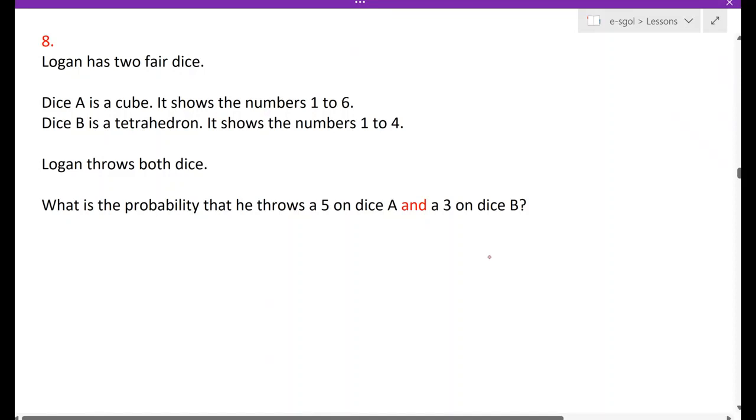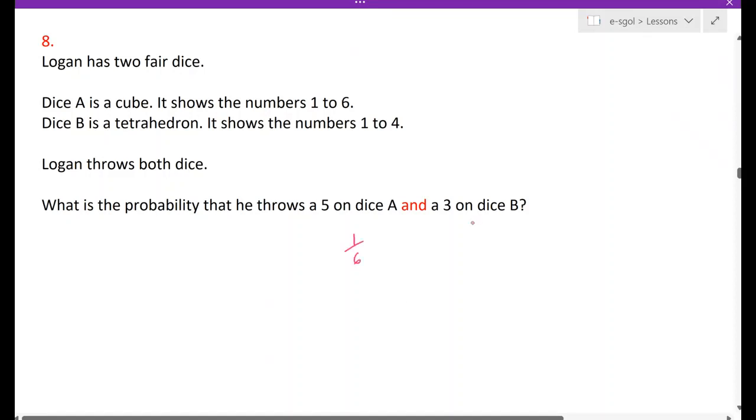So this is a lot like the question that we just looked at, whereby I could start drawing a sample space diagram and trying to work it out, but I could just work out the probability of each of these things, and then for both things to happen, I can multiply them together. So the chance of throwing a 5 on dice A, well, there's 1 five out of 6 numbers.